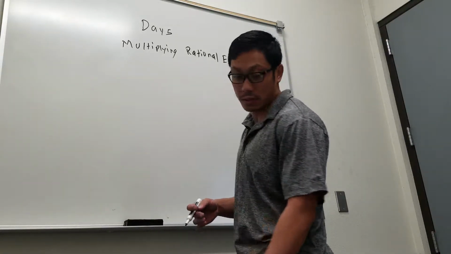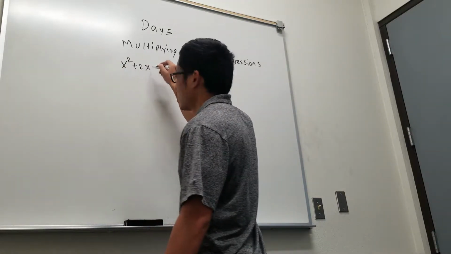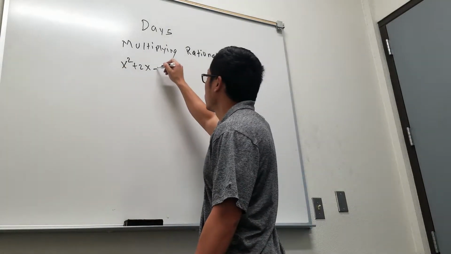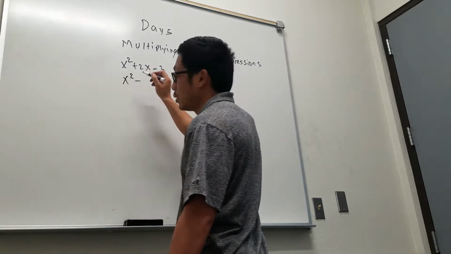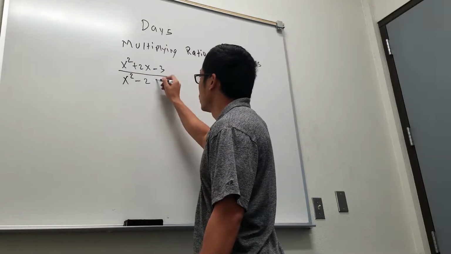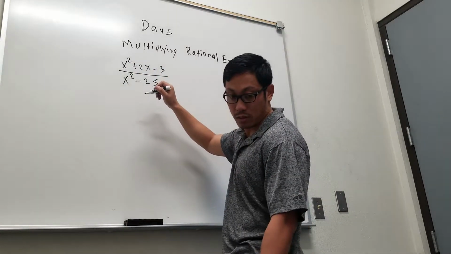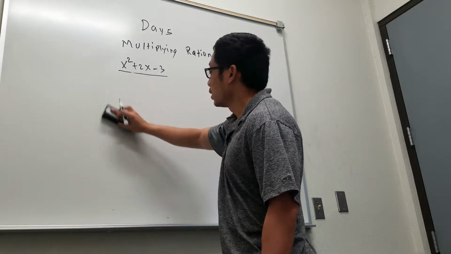So we're multiplying. We have x squared plus 2x minus 3 over x squared minus 25. Oh no. Okay, copy that.